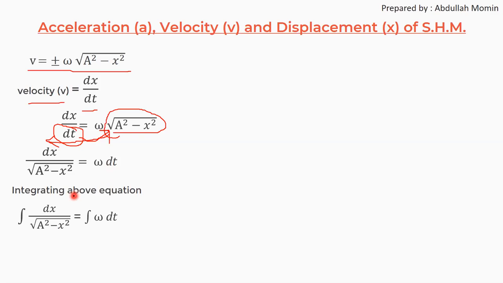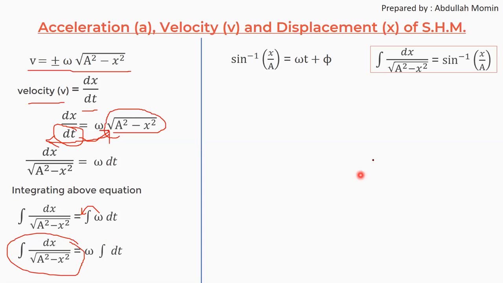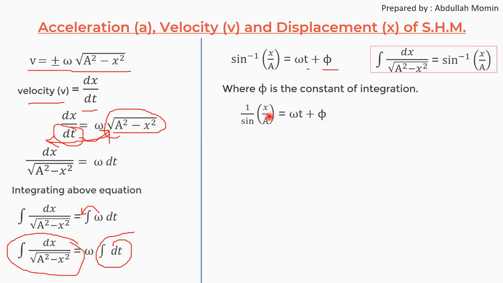Now integrating the above equation, this omega is constant, so it comes outside the integration, and the integration of this term is sine inverse x by a. So we can write sine inverse x by a, and the integration of dt is nothing but t plus phi, where phi is the constant of integration.